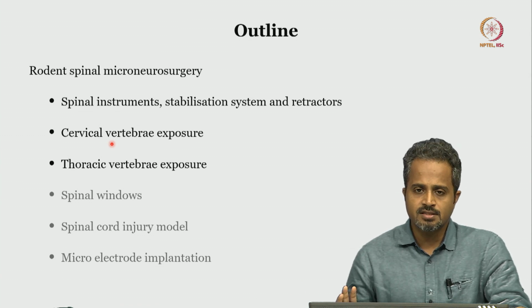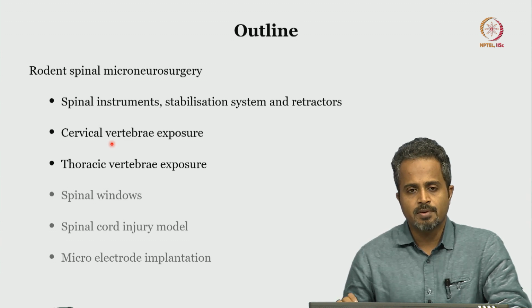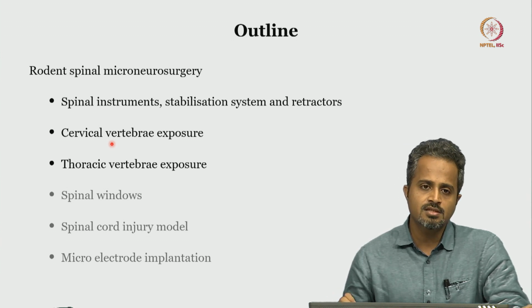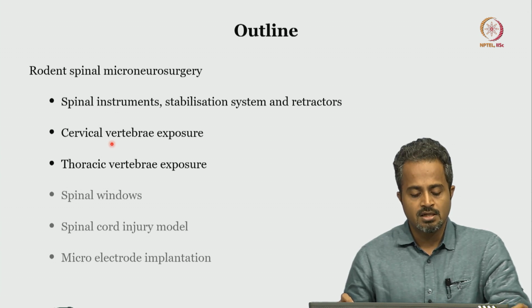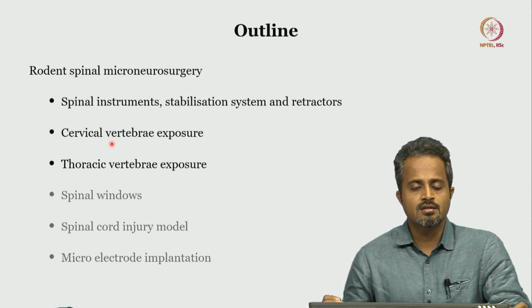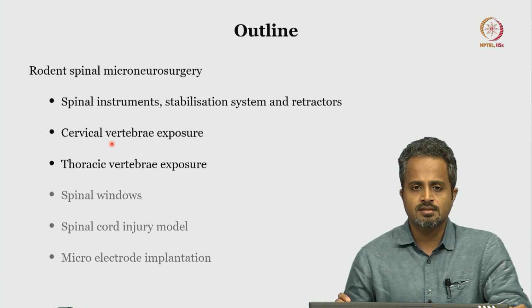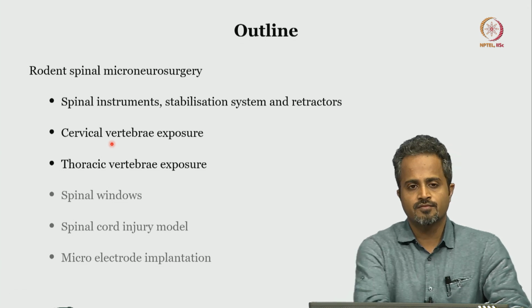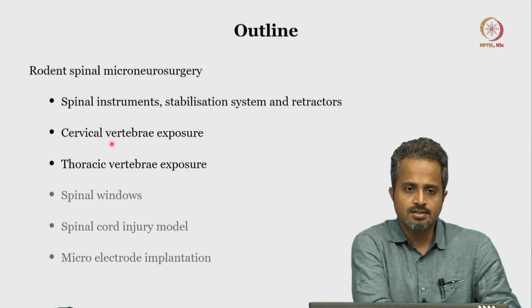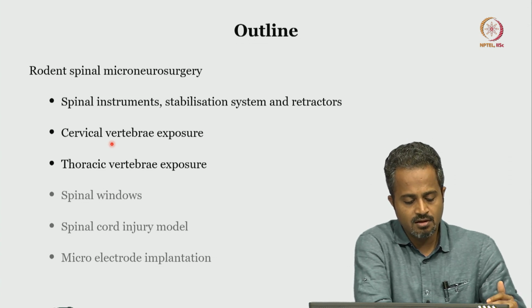The stabilization system and retractors are very important to make sure the spinal cord is not injured during the surgery, similar to the cranial surgery. Anything dealing with the neural system needs a stabilization system and retractors, unlike the other areas of the rodent body.